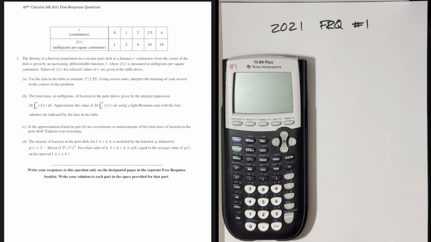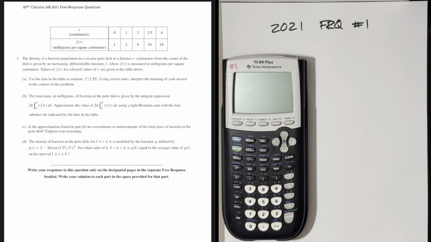Let's read it. It says the density of a bacteria population in a circular petri dish at a distance r centimeters from the center of the dish is given by an increasing differentiable function f, where f of r is measured in milligrams per square centimeter. Okay, so it's like a density, right?